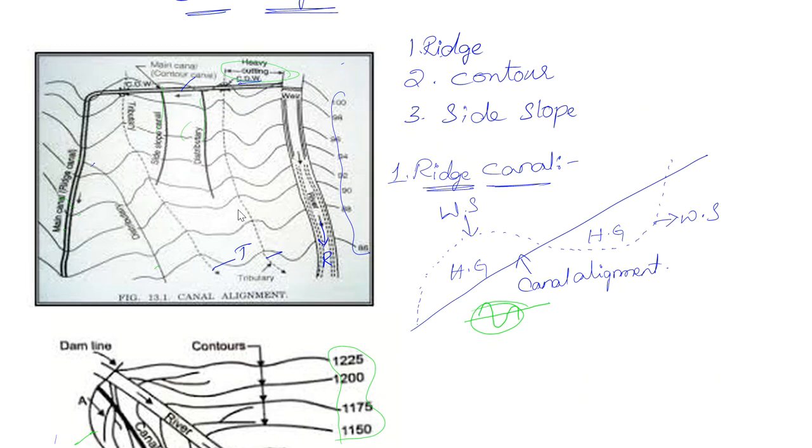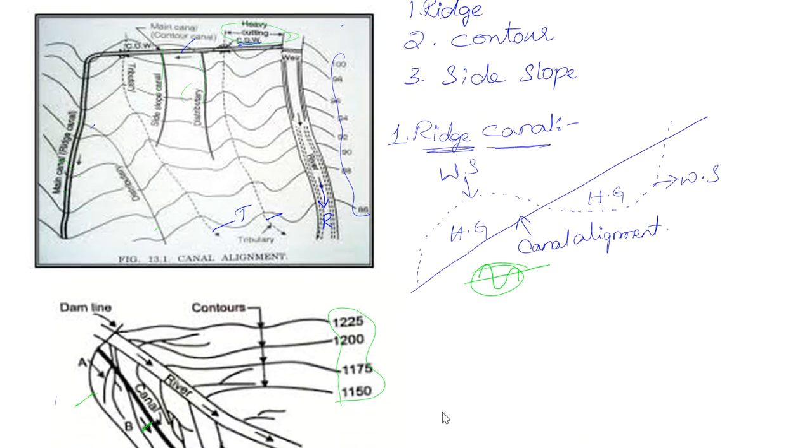We have discussed that a ridge canal is a straight canal alignment which passes through a number of watersheds, and in short, it is done on higher grounds.